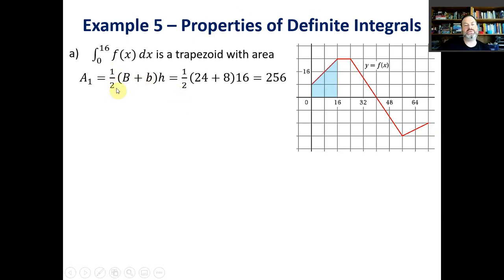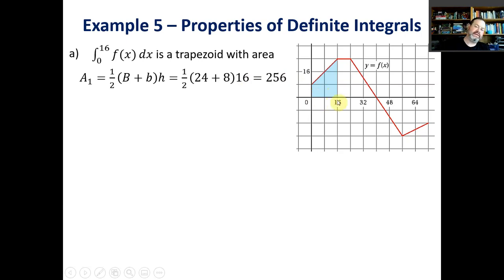The area of a trapezoid is 1/2 times big base plus little base. Remember, a trapezoid has two flat sides. Height here is actually the width, but I'm just using the formula the way it appears. So it's 1/2 times 24, our big base, plus 8, our small base, times 16, which is our height.